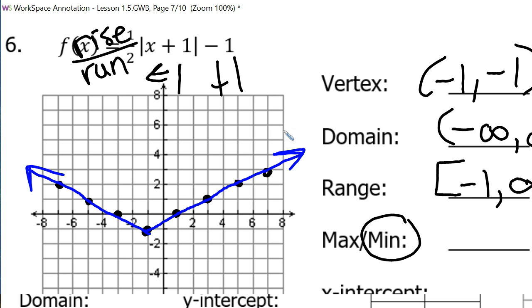Why is it the minimum? Because it's the lowest point on that V. The x-intercepts are? 1 and -3. So x equals 1, x equals -3. Doesn't matter which one you put first.